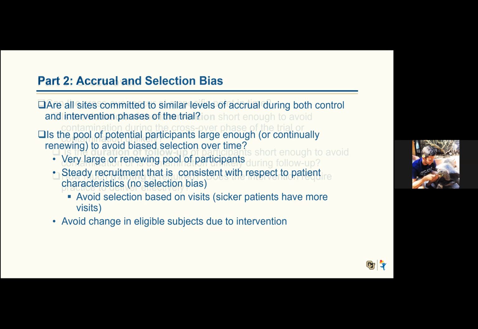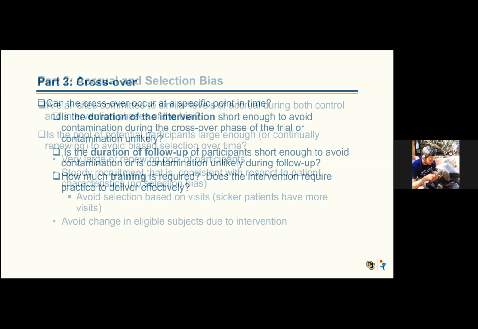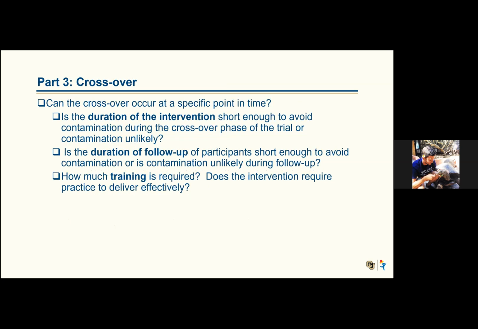This is where we stumble the most, and it has to do with the crossover, that change from the control to the intervention. And can it happen at a specific time point? So the duration of the intervention needs to be fairly short, so that you don't have contamination of those people that were accrued during the control arm when you start recruiting patients in the intervention arm.